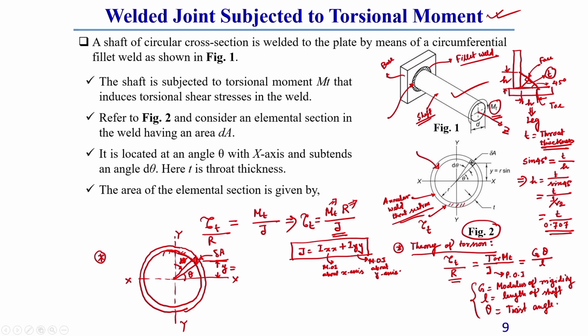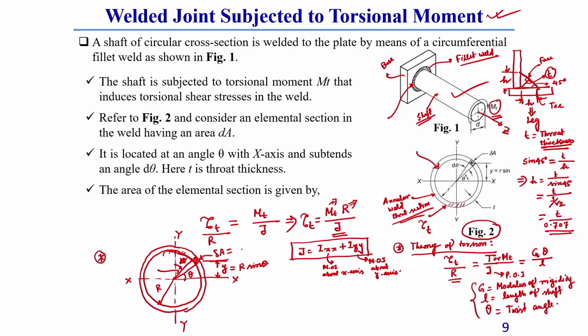Y we can write as what? Let us consider r is the radius of this shaft, so we can write y equal to r sin theta.